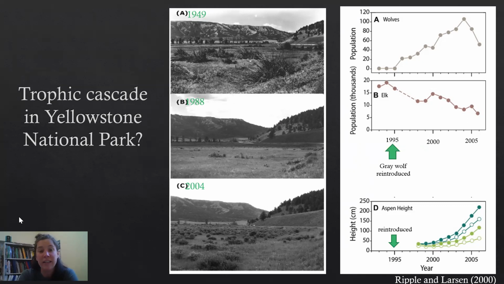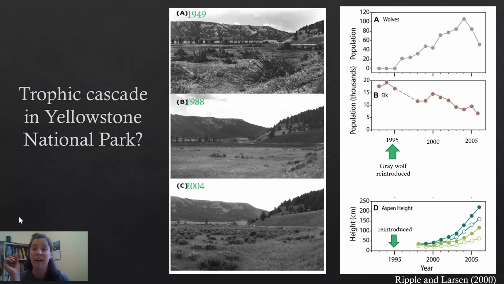So in 1995, gray wolves were reintroduced into Yellowstone National Park after being extirpated from that region for over 50 years. So gray wolves really weren't around that park for about 50 to 75 years. In 1995, they brought in 15 wolves and released them into the park. And so we can see here our timeline on the x-axis.